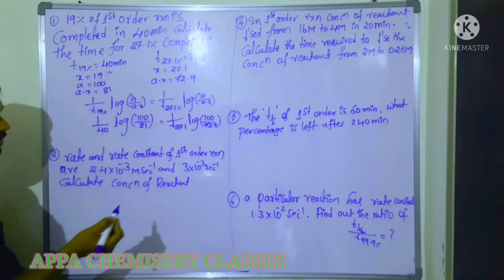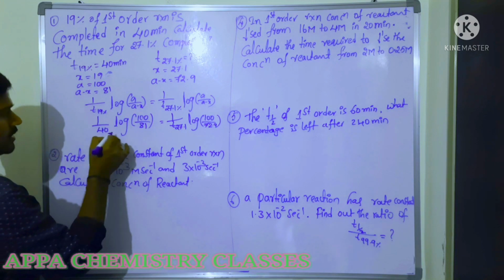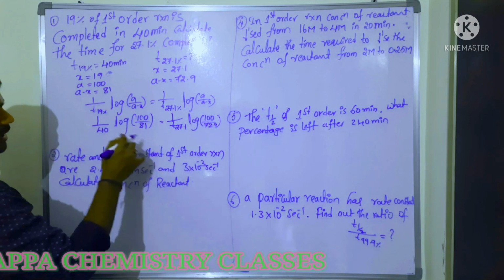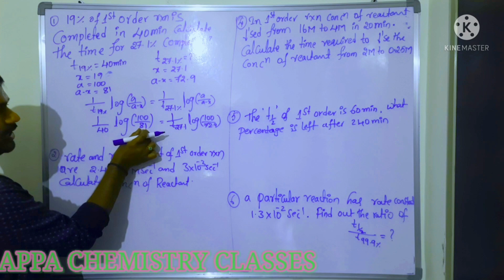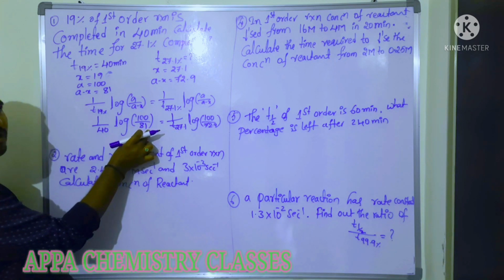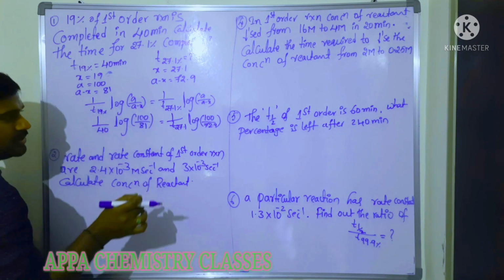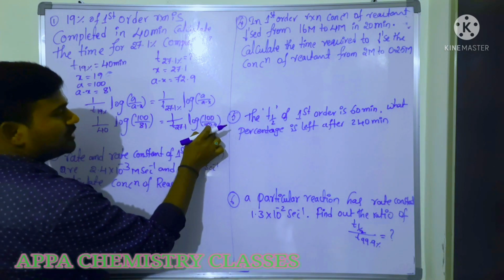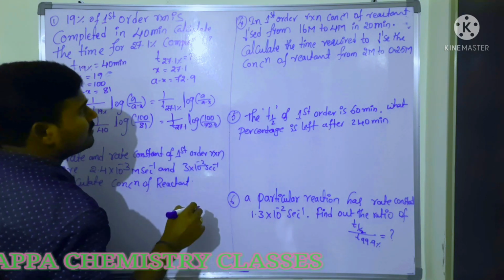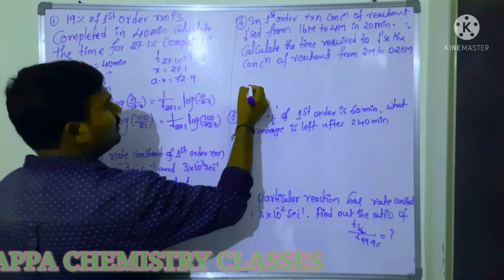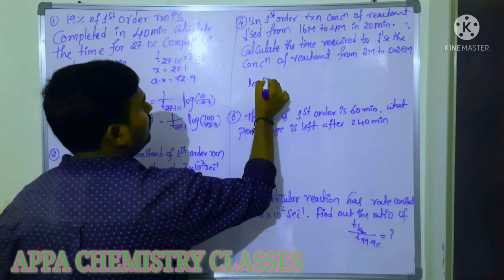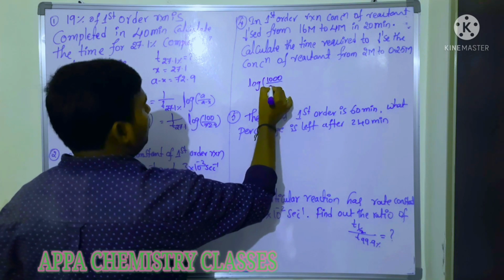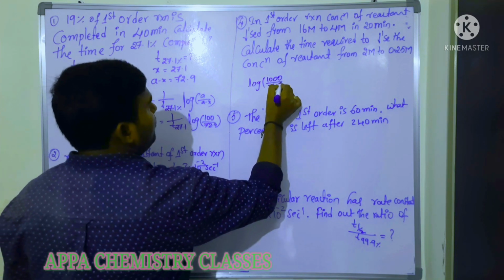Okay, now don't cancel anything else. 81 is the perfect square of 9, and 100 is the perfect square of 10. This other value, can I write it as log of 1000 by 729?